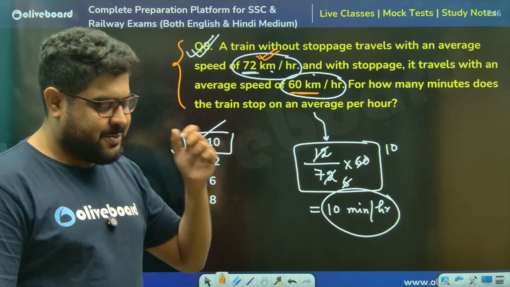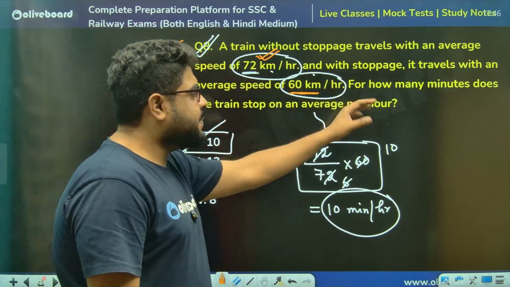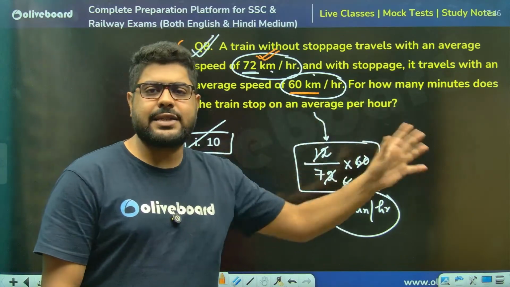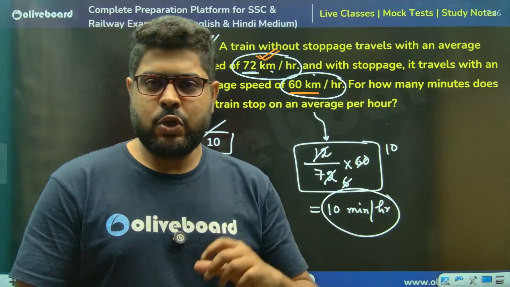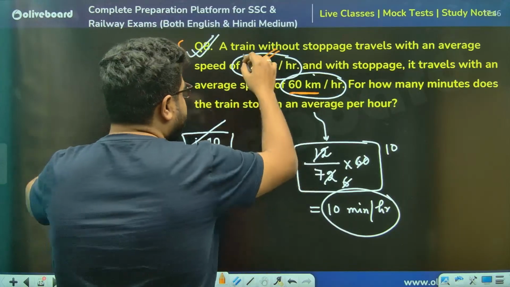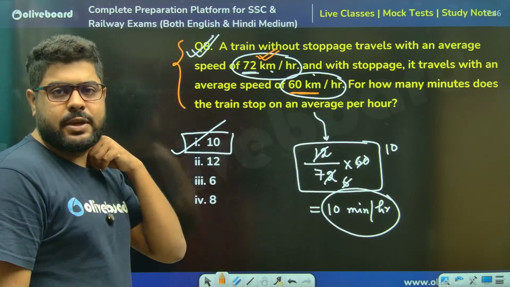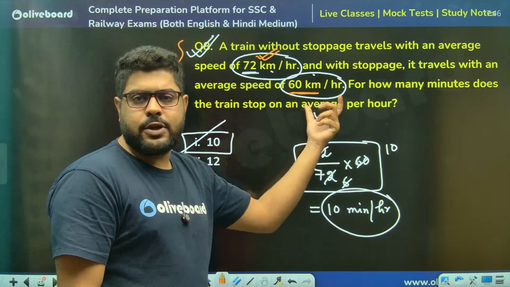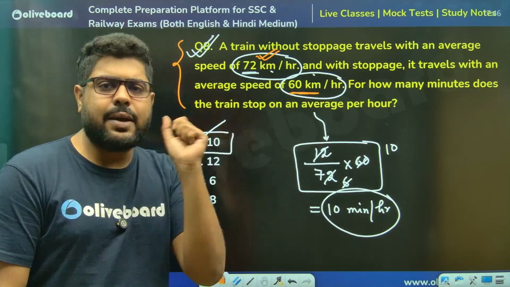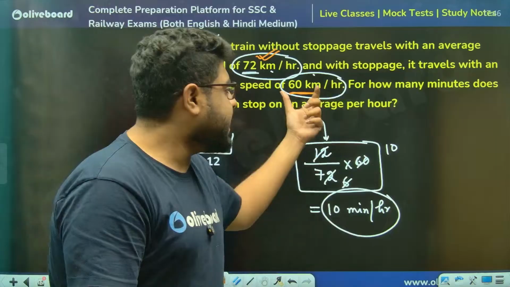Correct? Now they are asking how many minutes per hour the train is actually stopping, sir. So please understand. If the train doesn't stop, it was supposed to go 72 kilometers. But as it has stopped, it has only gone 60 kilometers. So कितना कम गया, sir? How much less has it traveled?